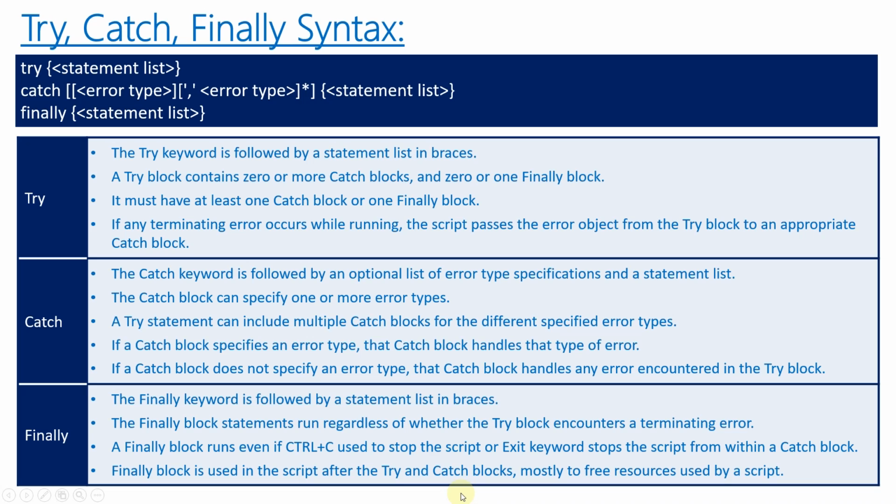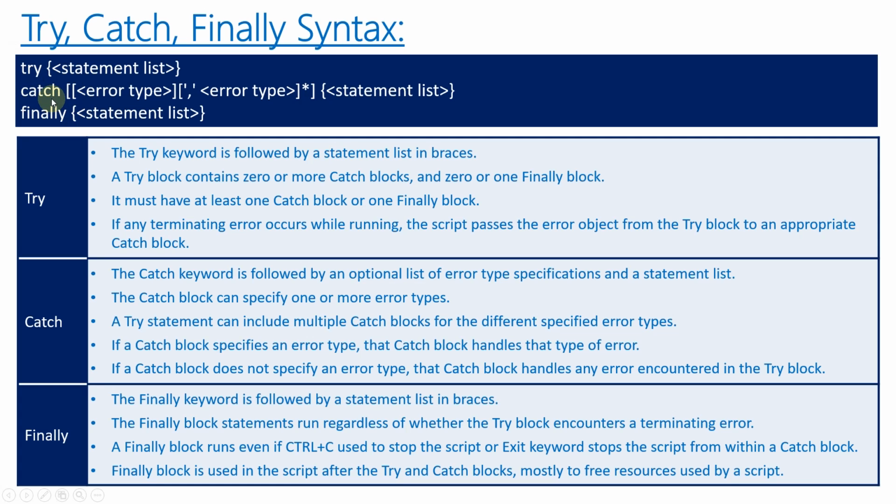In this slide we will understand the syntax of try, catch and finally. Here you are seeing I have used three different lines, one each for try, catch and finally. When we write try, catch and finally, we have to follow this order only. First we write the try block, then the catch block, then the finally block.